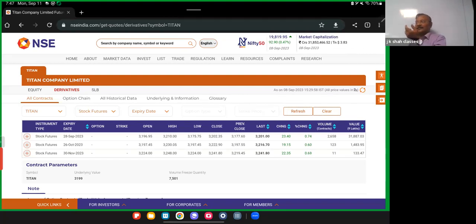If you notice the 26th October, typically the (1 plus R)^n should be a greater figure, because now you're talking of 2 months of interest. Look at the price of the future: 3216.7. The 30th November should be even greater. Look at the price: 3241.